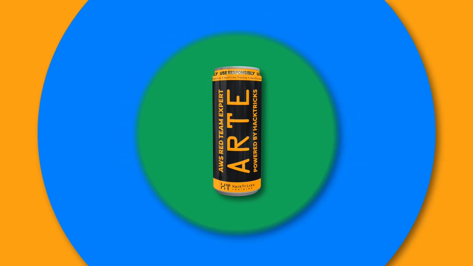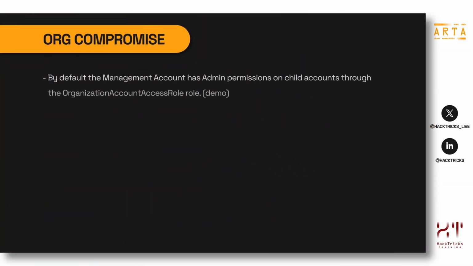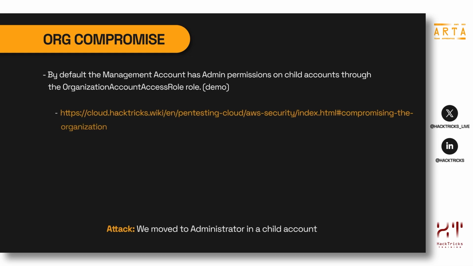So the way to compromise a complete organization, once you have compromised the root account with high-level privileges, is impersonating roles inside the children accounts. This is because when you create a new account inside your organization, it is going to generate a role that by default is called OrganizationAccountAccessRole inside every children account.